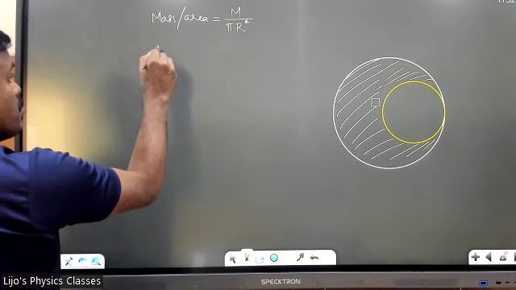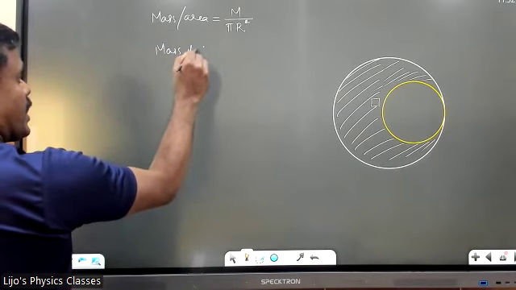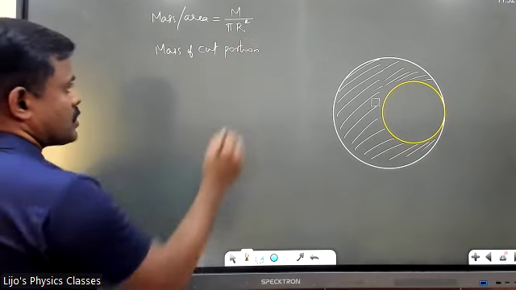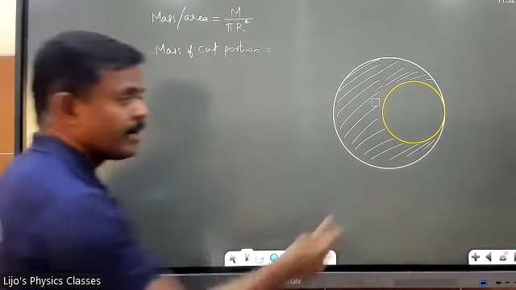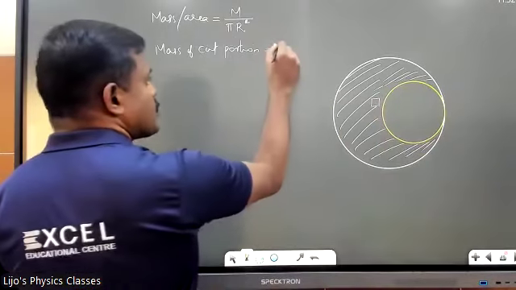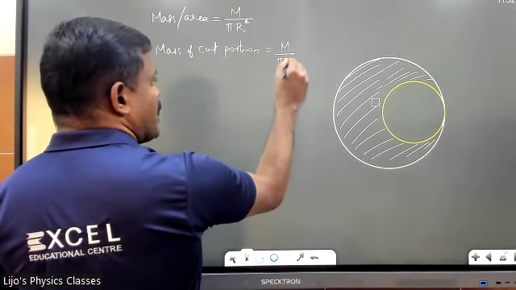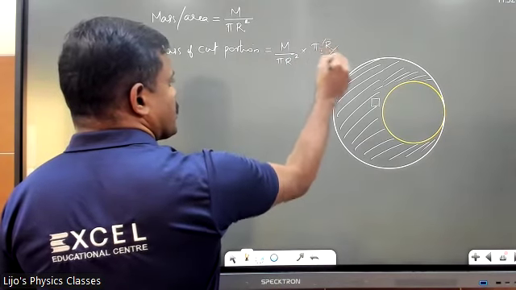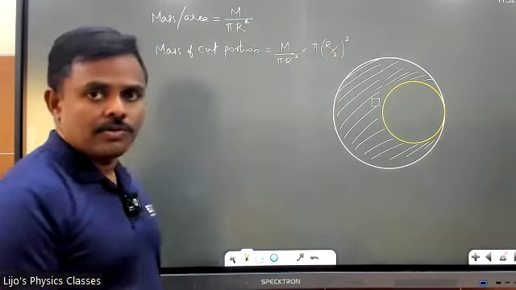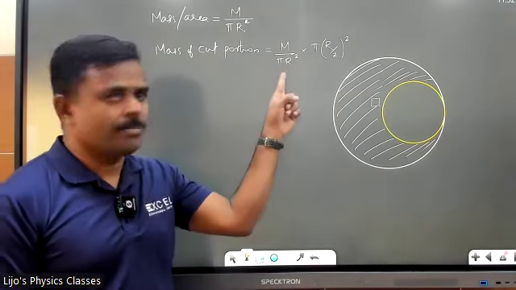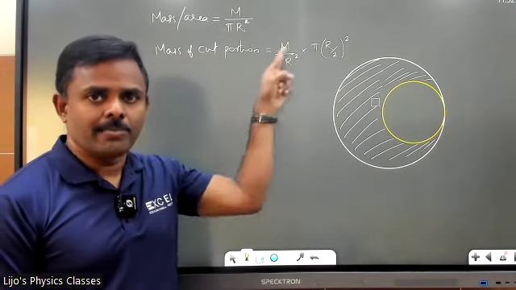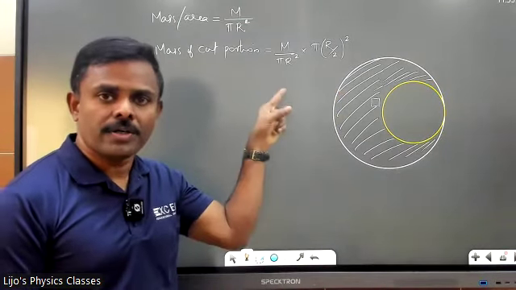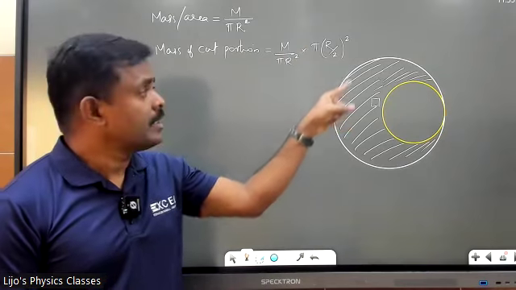So, what is mass of cut portion? Mass of cut portion is equal to mass per area into area of the cut portion. Because for 1, it is M by pi R square; for 2, M by pi R square into 2; for 3, into 3; for 4, into 4.